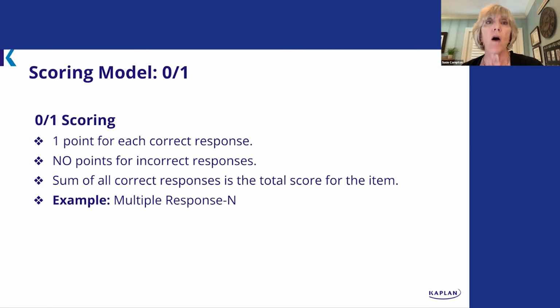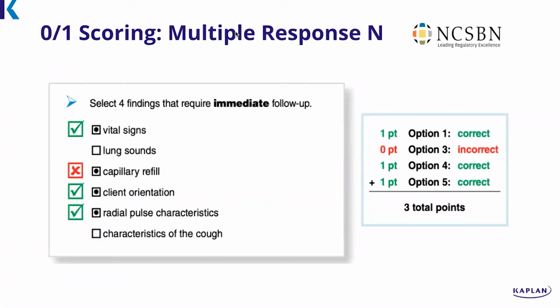The sum of all correct responses is the total score for the item, and MRN is scored with 0-1 scoring. So if you have an MRN with 4 correct answers, like in this example, you have the possibility of earning 4 points. You will receive a point for each correct answer you choose.